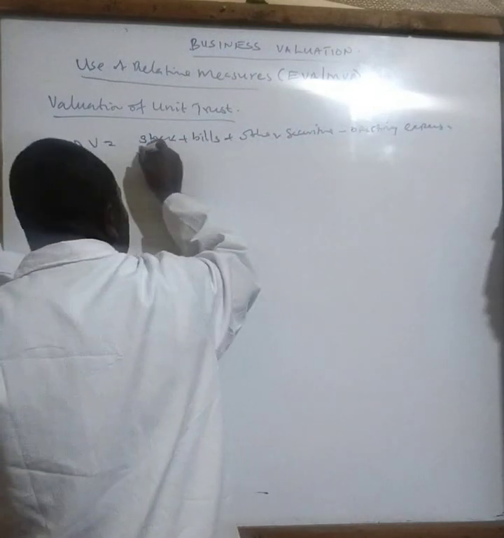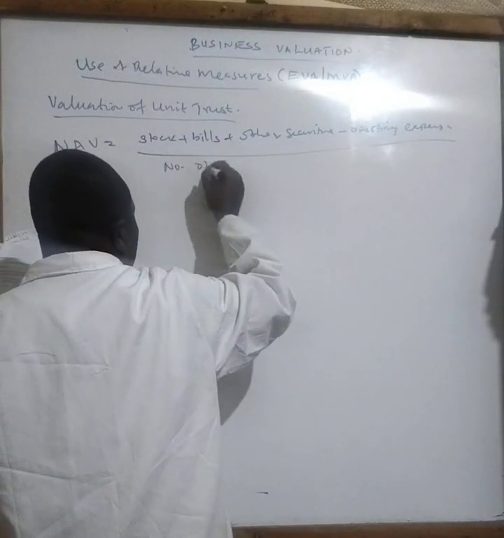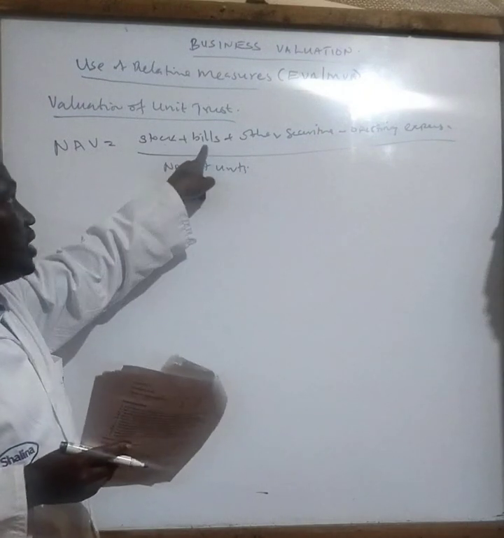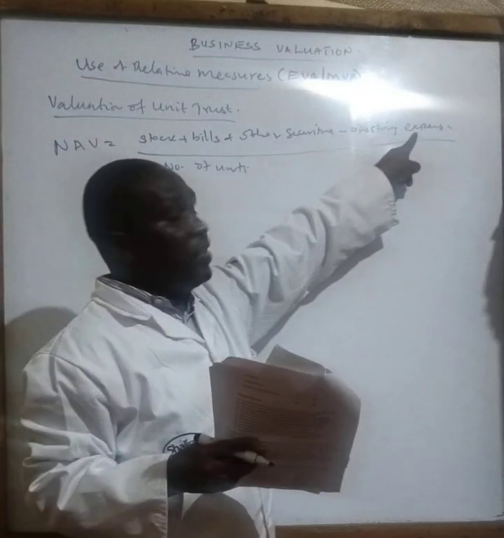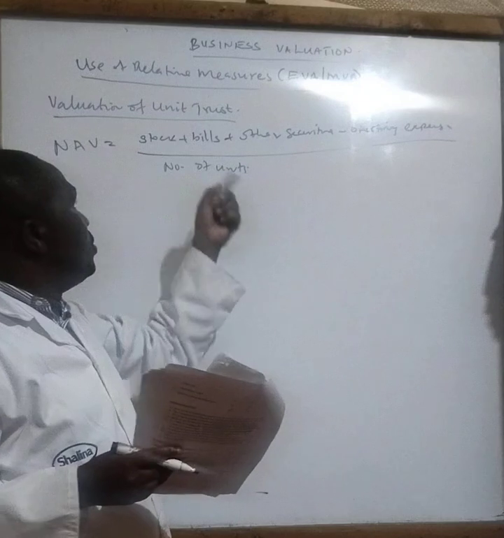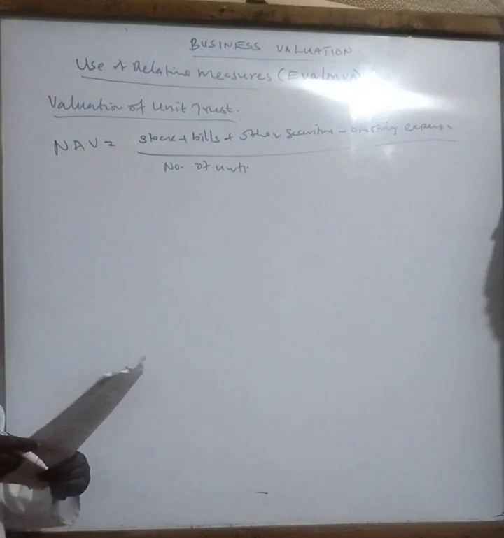Then from there you divide by the number of units. So stock is an asset, bills are assets, and other securities are assets, then you less expenses. So when you subtract, then you divide by the number of units. That is the formula. Now you get what you call the net asset valuation, the value of the trust.